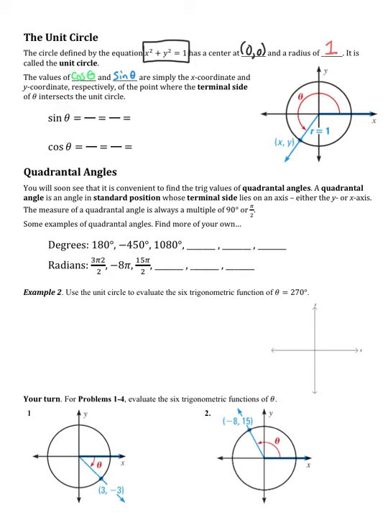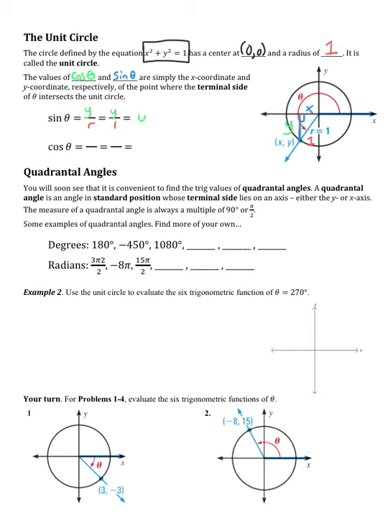I'll explain that. What's happening here is we've got our x, y values, and we'll label it: there's our x, there's our y, and the radius equals 1. If we set up the trig ratios like we did at the very beginning, sine would be opposite, which is y over the radius. But in this case the radius is 1, so it's just y over 1.